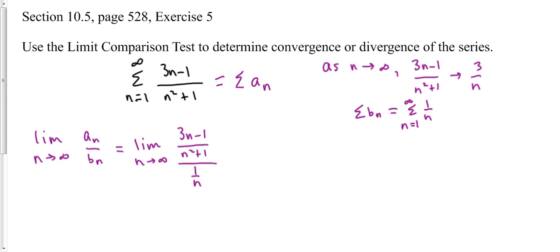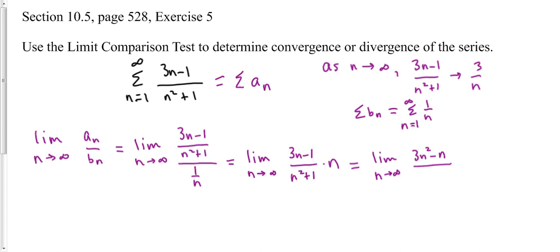Now I know that the denominator of a denominator is a numerator, so I can rewrite this as the limit as n goes to infinity of (3n minus 1) over (n squared plus 1) times n. And if I multiply that through, I'm going to get the limit as n goes to infinity of (3n squared minus n) over (n squared plus 1).